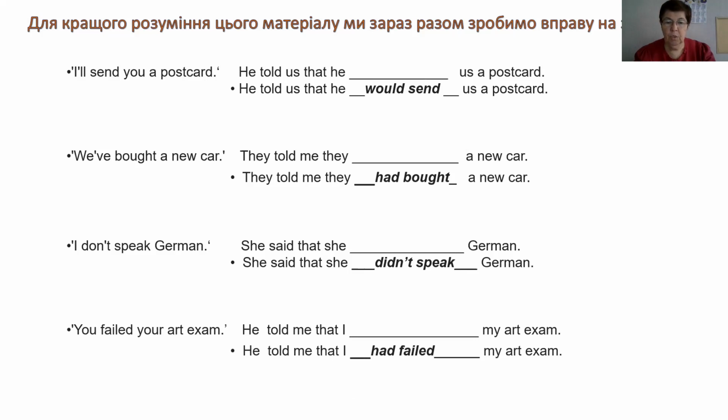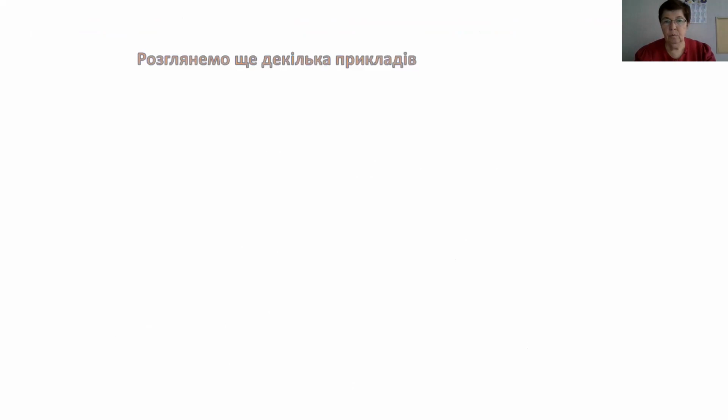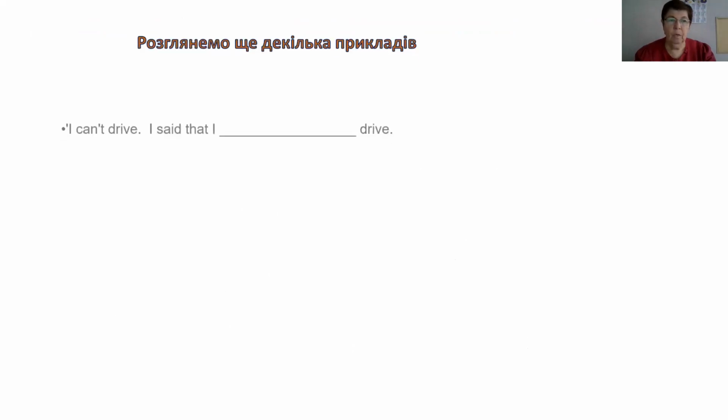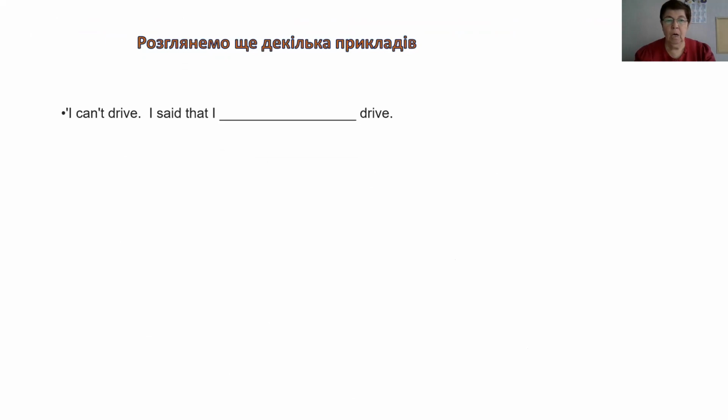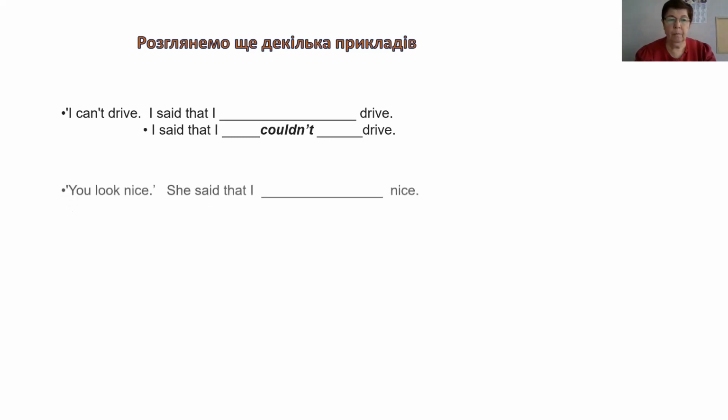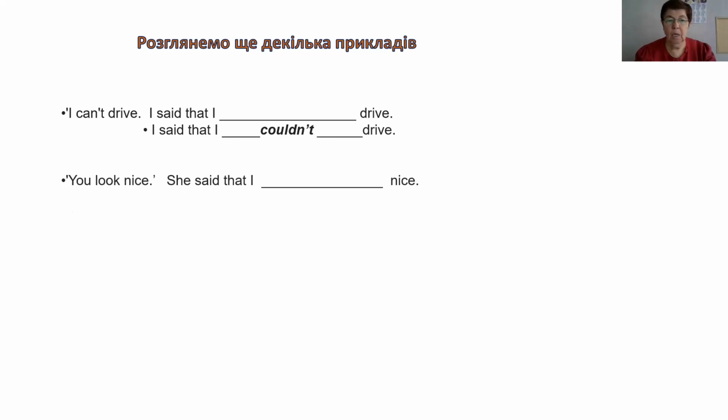Past simple changed into past perfect. And here is another group of examples. I cannot drive. I said that I couldn't drive. Can in present simple changed into could in past simple. You look nice. She said that I looked nice.